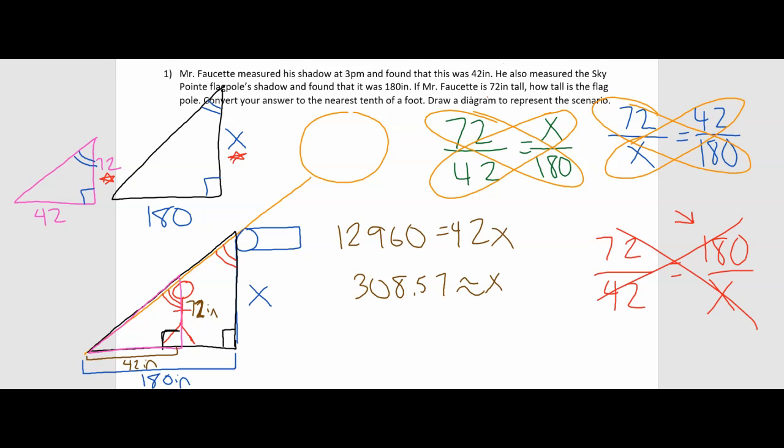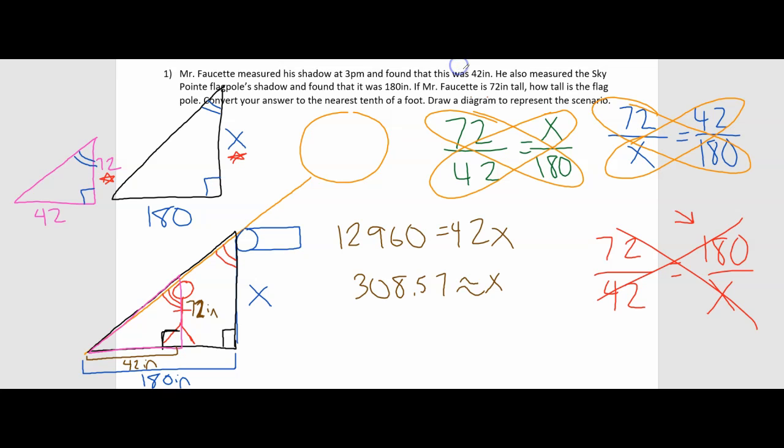Now, is that our answer? 308.57? Do I need to round differently? Do I need to convert? Let's think about it. Well, it says convert your answer to the nearest tenth of a foot. So I want to convert that 308.57 to feet and round to the nearest tenth. So I'm going to divide that number by 12, right?